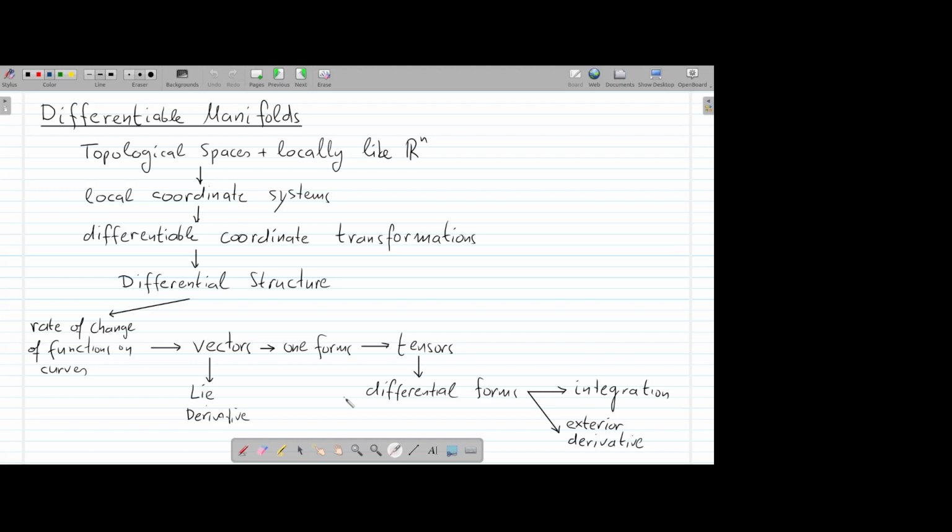Defining tensors at all points of the manifold defines tensor fields, and as special cases, vector fields and one-form fields. From vector fields, we can define a derivative, the Lie derivative, and from special cases of tensors called differential forms, we can define integration and another derivative, which is called the exterior derivative. So the differentiable structure allows us to do things like differentiating and integrating.